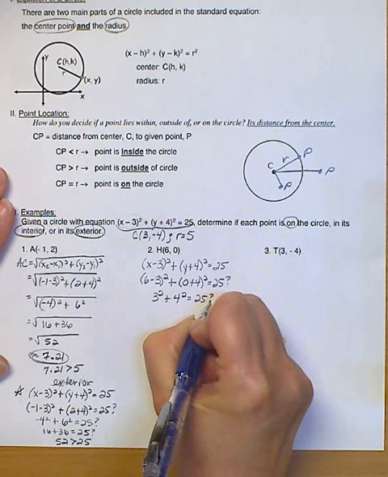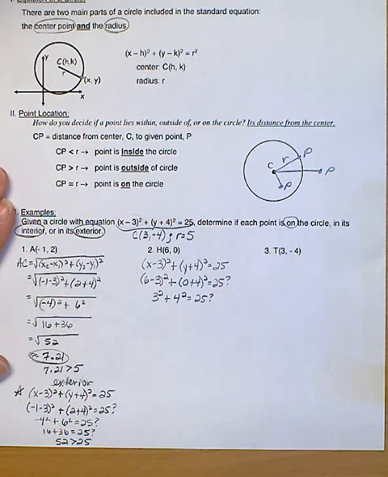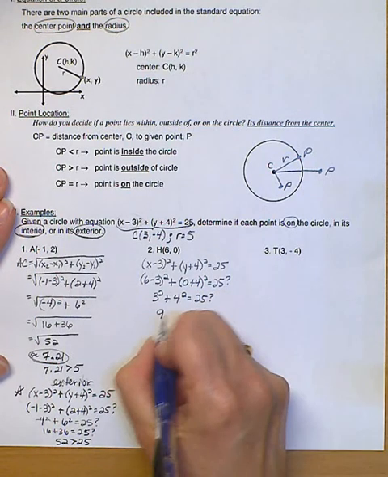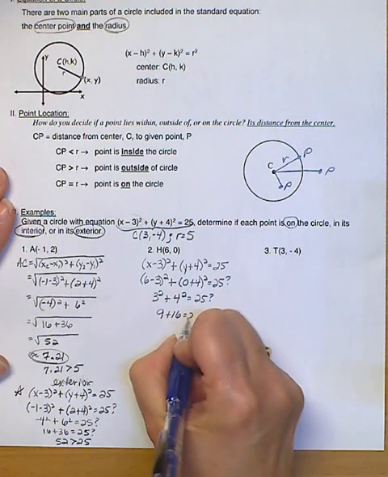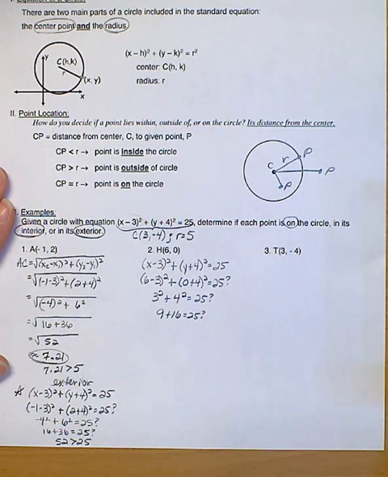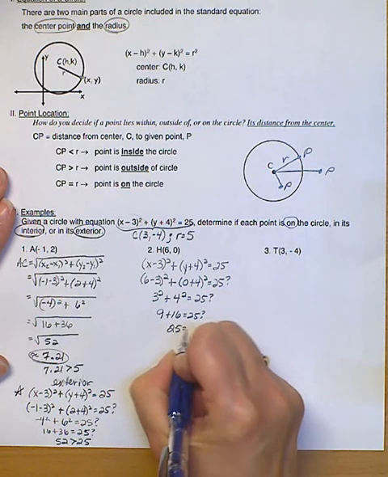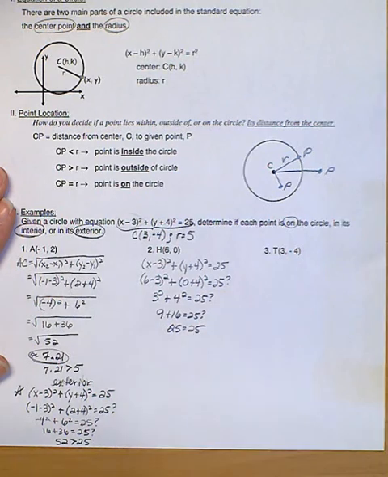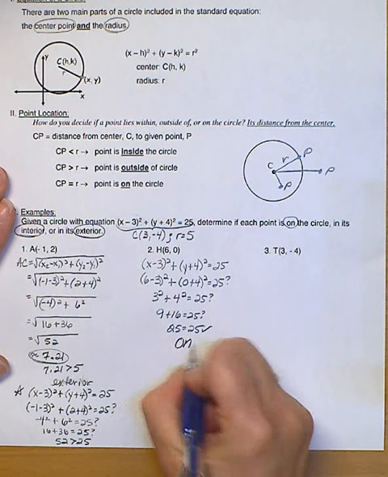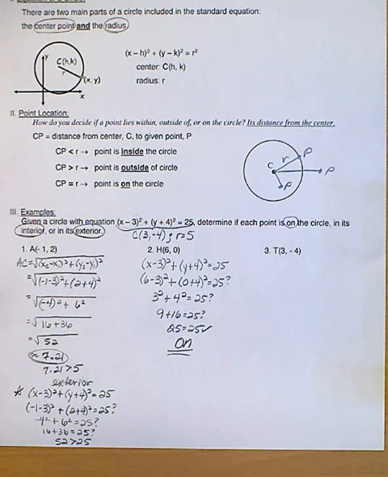Or does it? 9 plus 16 equals 25. Or does it? So 9 plus 16 is 25, and that's what we were trying to get to. So yeah, it works. Yes, it satisfies the equation. So yes, you are sitting on the circle because you have satisfied the equation of the circle.